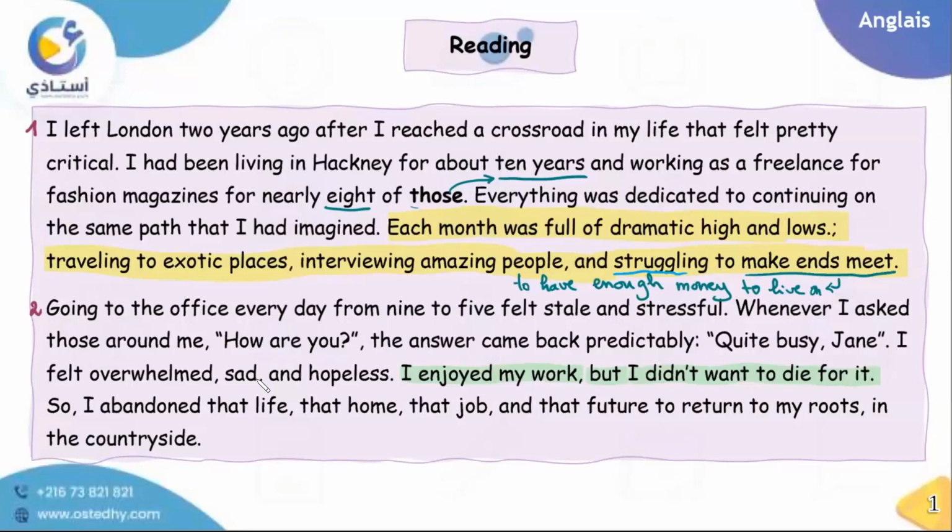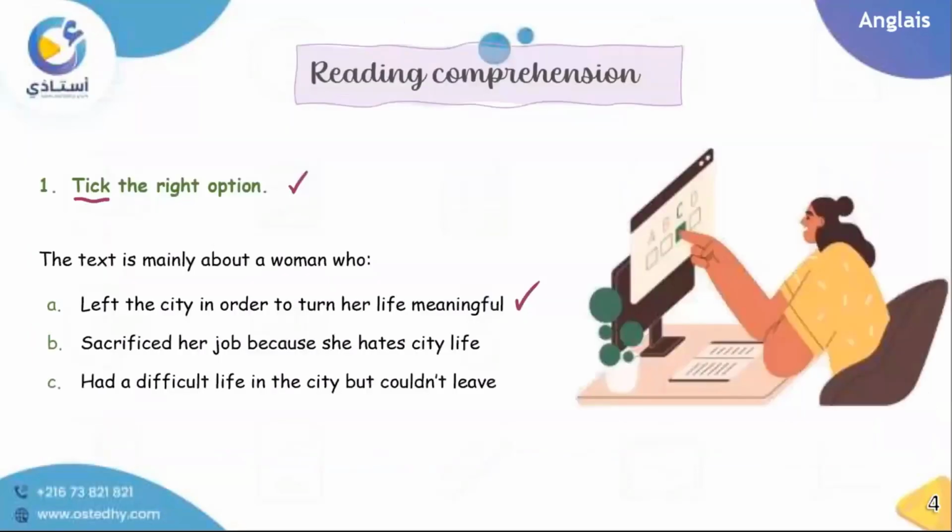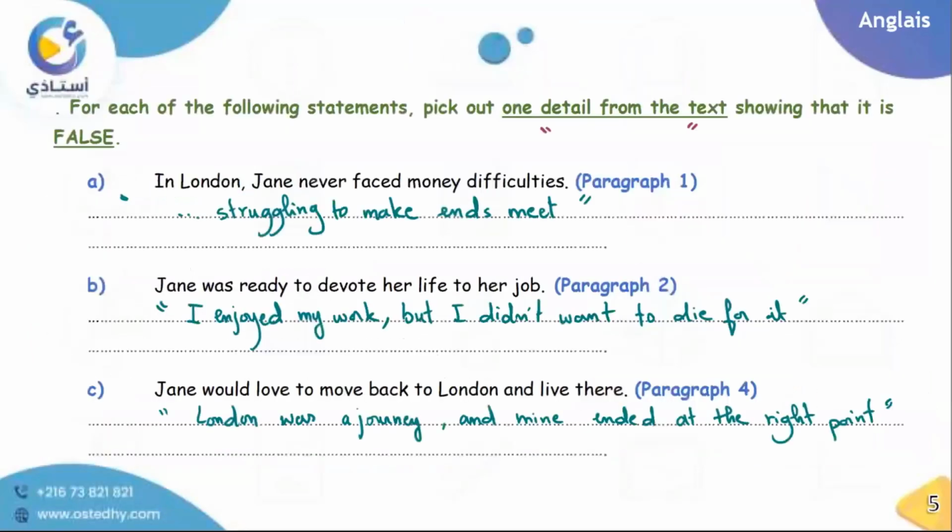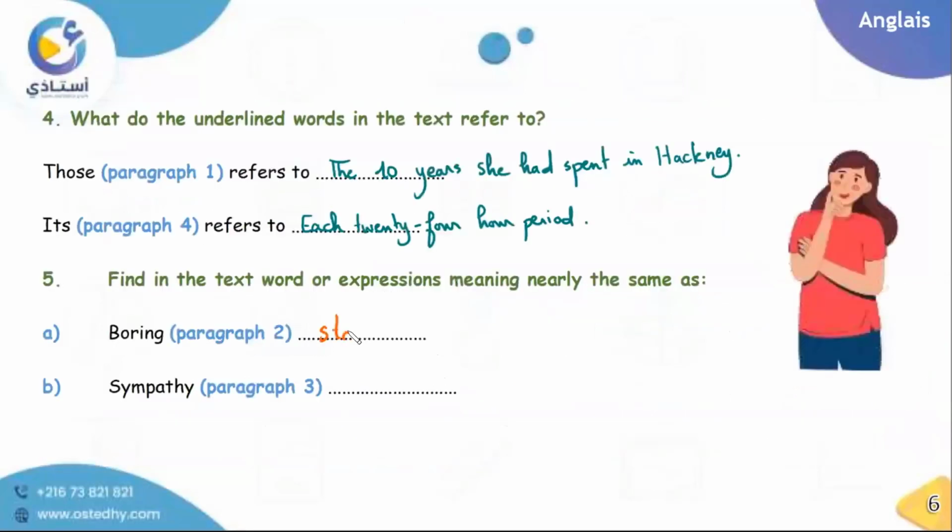So each time that in a test, you are asked to get a synonym or a word that means the same as another word, you need to search for the same form of that word, okay? Here, the word that means boring is stale. Stale means boring.